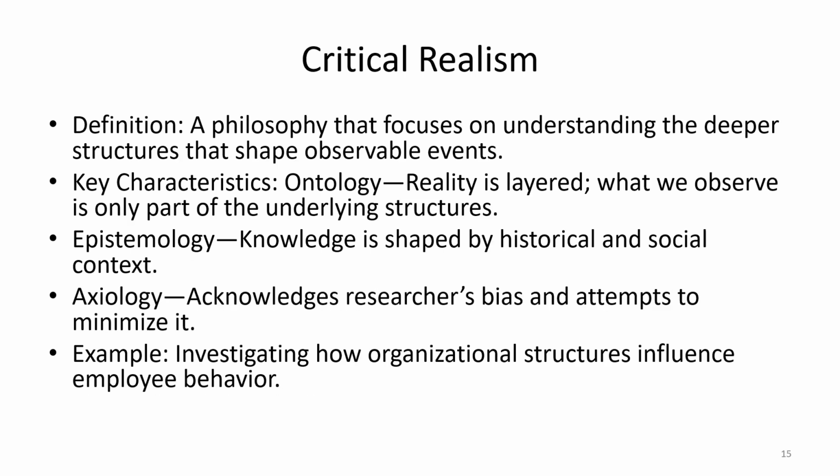Just like positivists, critical realists also realize the importance of observable events, but they focus on understanding the deeper meaning of those events. So it basically combines the realist ontology, the belief that reality is independent of human perception, with a recognition that our understanding of this reality is always socially mediated and fallible.